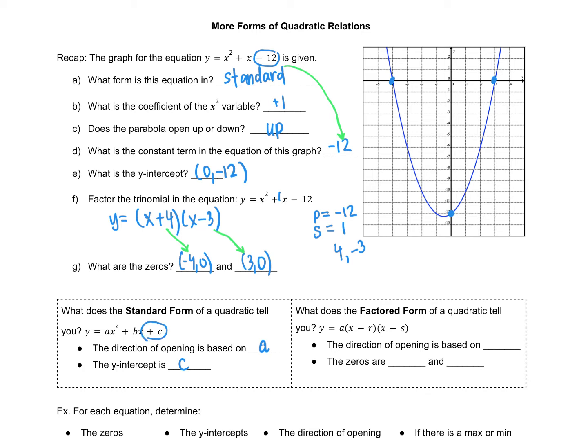For factored form, the direction of opening is based on, again, that a value, so the value in front of everything. And the zeros are the numbers inside the brackets, so if we look at the generic example, it'd be the r and the s, just remembering the opposite signs. Now the letters don't mean anything, it's just the generic form, but there it is.